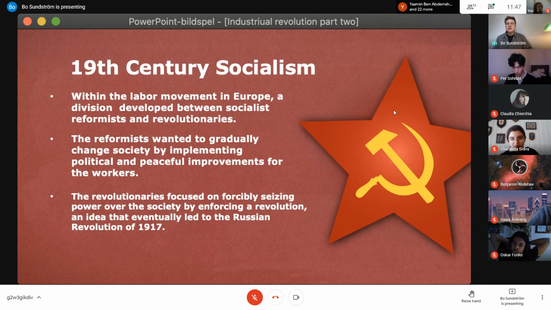Workers were dissatisfied with their terms, so they wanted to provoke violence in order to get a revolution. However, reformists were the ones who wanted to gradually change society by implementing political and peaceful improvements for the worker. This is basically what happened in Sweden at the end of the 19th century, at the beginning of the 20th century.